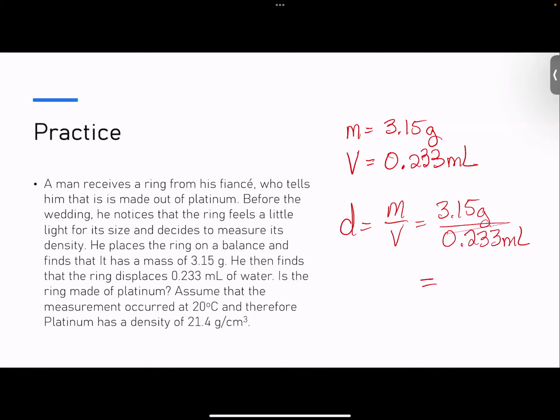And therefore, the answer is 13.5 grams per milliliter. Now, platinum has a density equal to 21.4 grams per centimeter cubed.